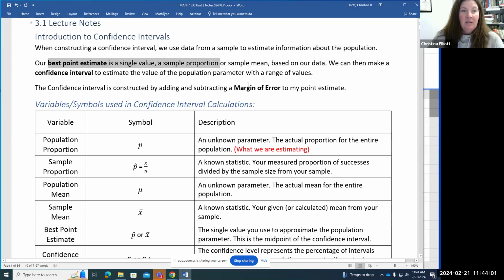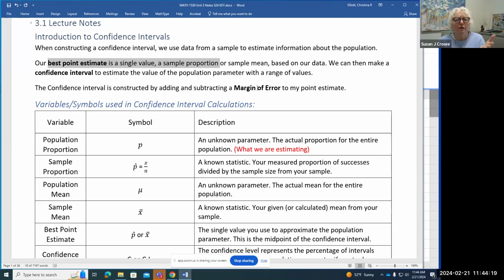That is like the proportion of people from our sample. Say I give a survey, the percentage of people who say yes on a survey question, that's our sample proportion.